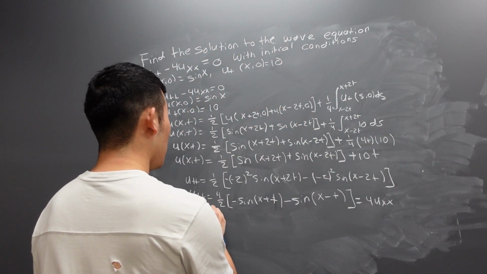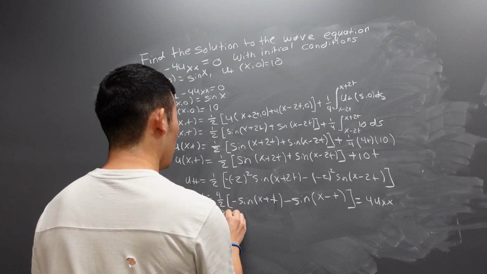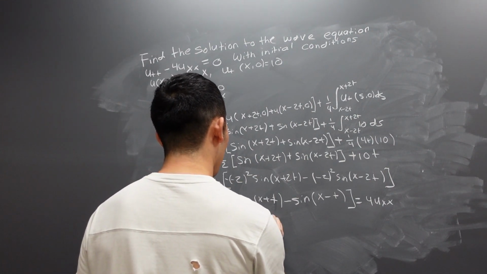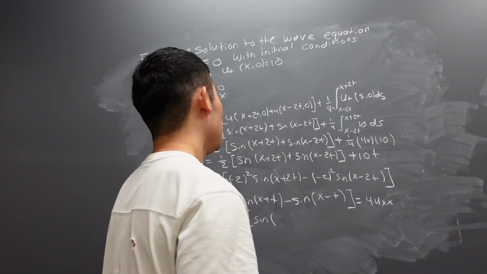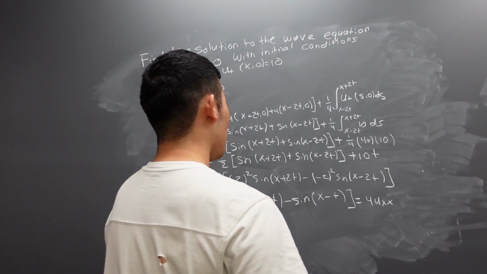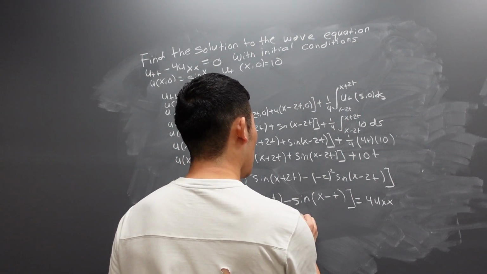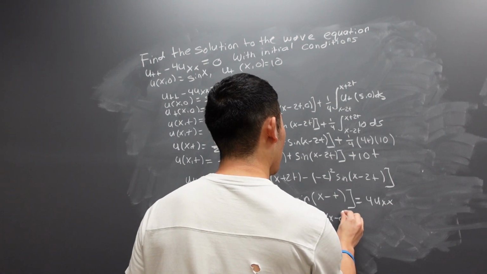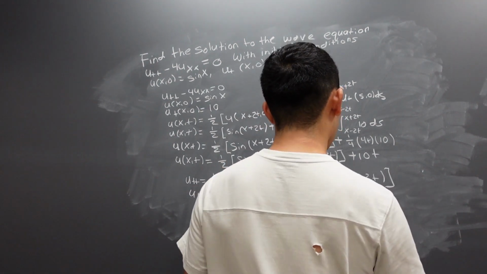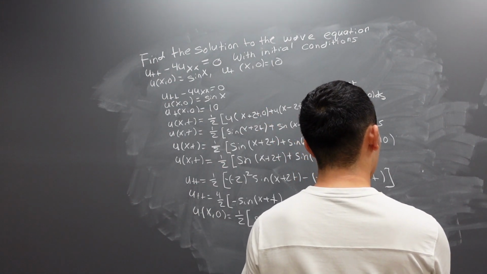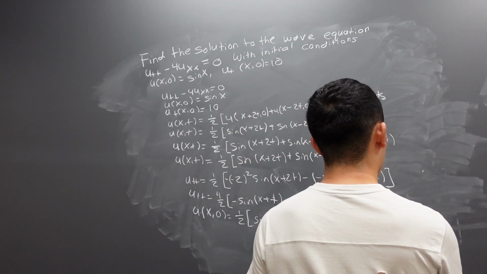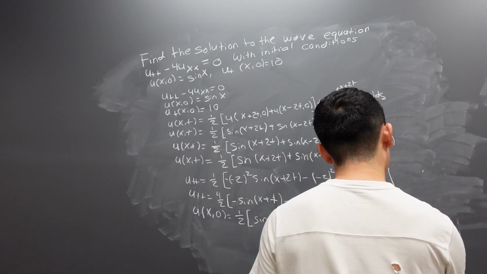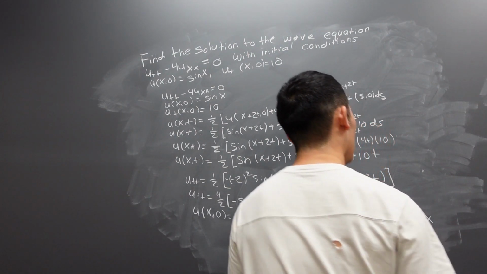Now u of x, 0 would be equal to 1/2 times sine of x plus 0 plus sine of x minus 0, which is equal to 1/2 times 2 sine of x, equals sine of x.